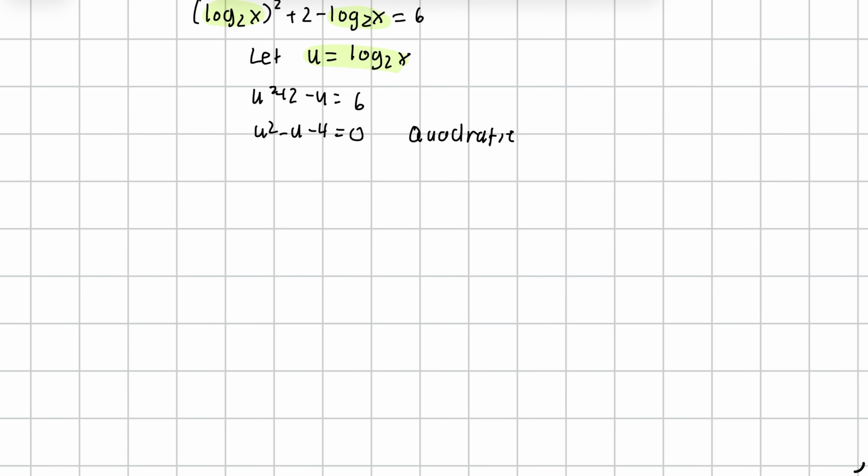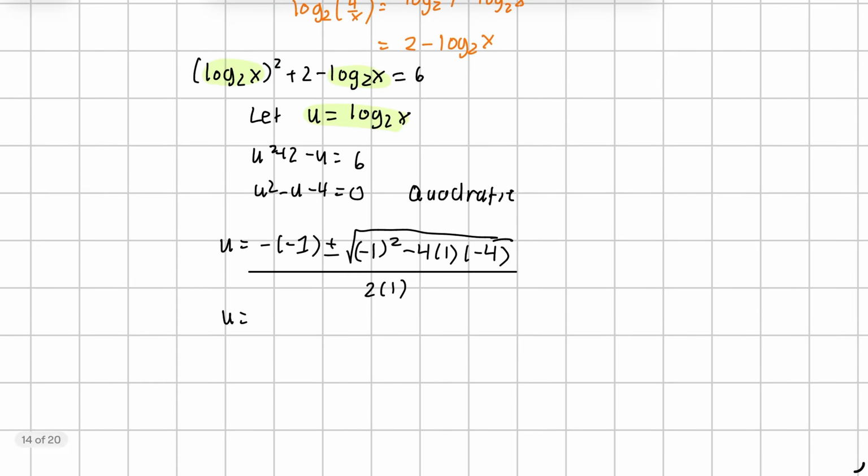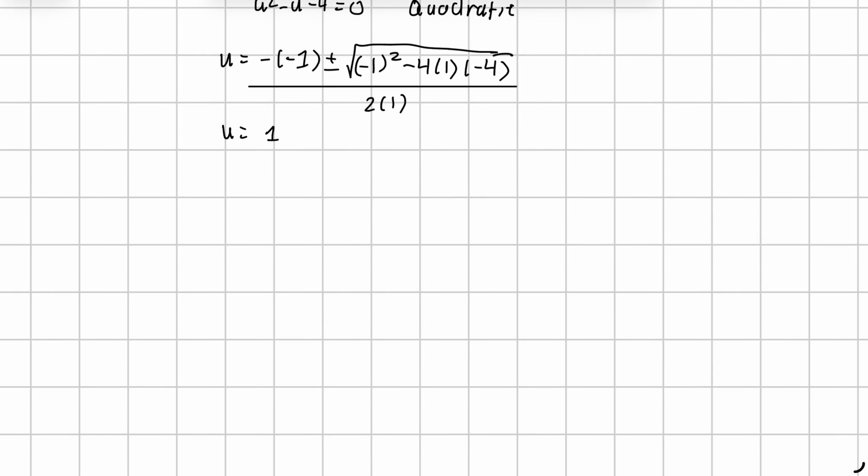So u is equal to negative negative 1, plus or minus the square root of negative 1 squared minus 4 times 1 times negative 4, all divided by 2 times 1. We can simplify this with some arithmetic. We have 1 plus or minus the square root of 1 plus 16, which is 1 plus or minus the root of 17, over 2.